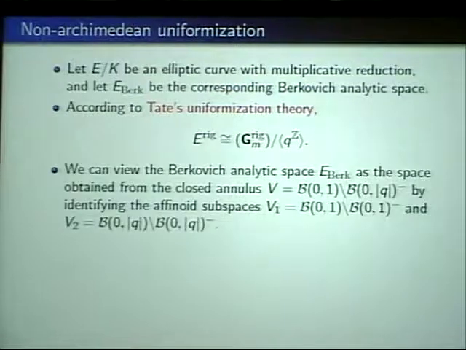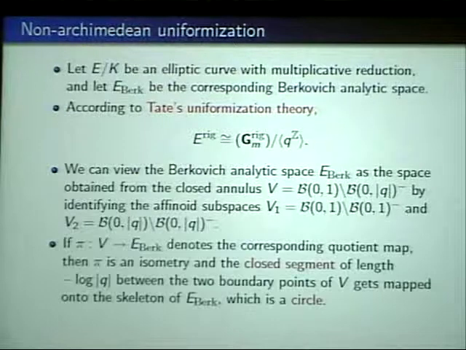And you can view the Berkovich space as sort of taking a closed annulus and identifying these two boundary annuli, really, but if you like, the boundary circles of this annulus, V1 and V2, and you take a closed annulus and the two boundary pieces you glue together.